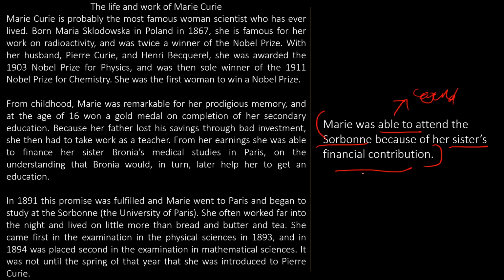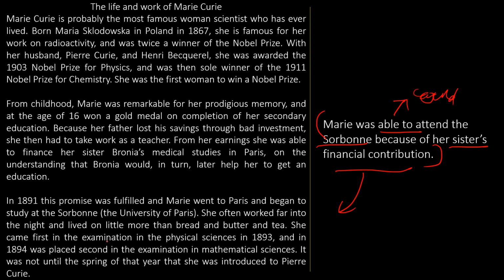Now, if you read the last paragraph, I think it's apparently clear. In 1981, this promise was fulfilled and Mary went to Paris and began to study at Sorbonne. Sorbonne is here. You should get, ding, ding, ding. Okay, found it. She often worked far into the night and lived on little more than bread and butter and tea.